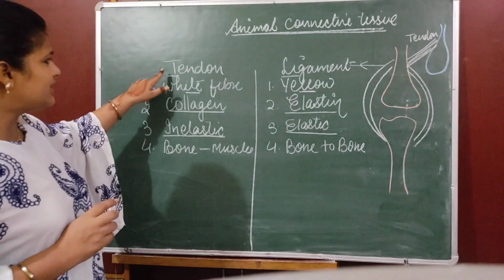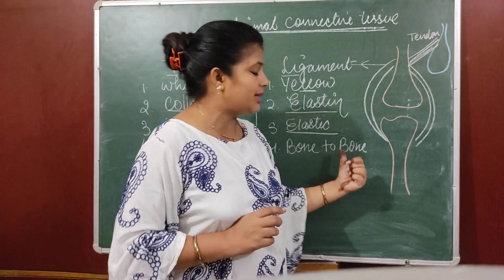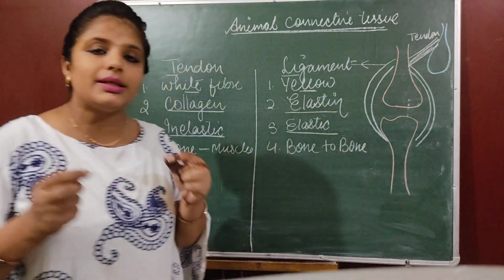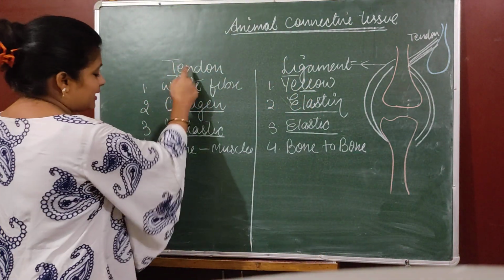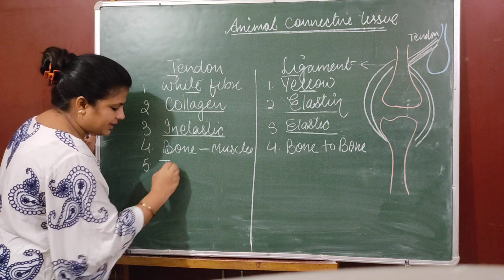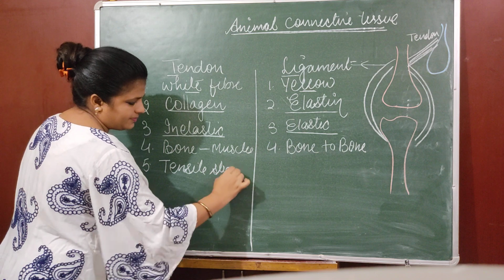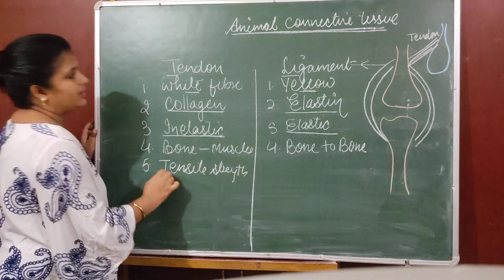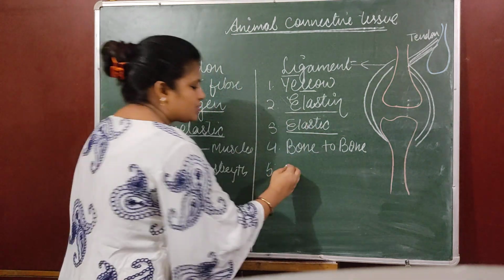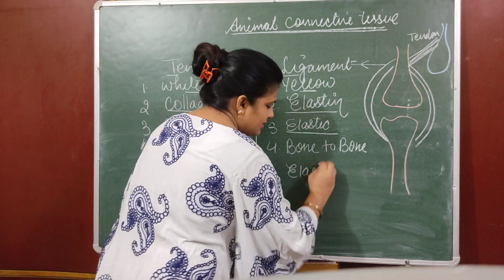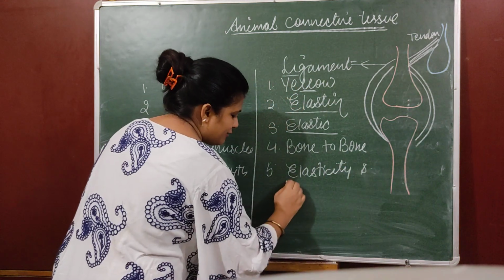Now the tendon which connects bone to muscles and the ligament which connects bone to bone are present in our entire skeletal system. Now this tendon provides tensile strength. Again, T for tendon, T for tensile strength, and this elastic tissue provides elasticity or flexibility.